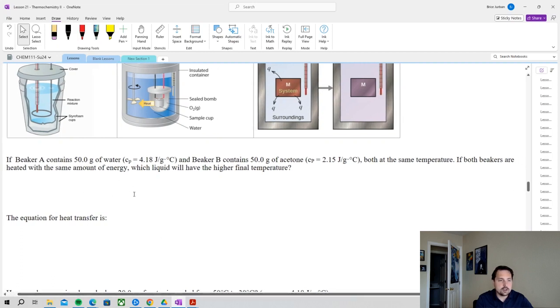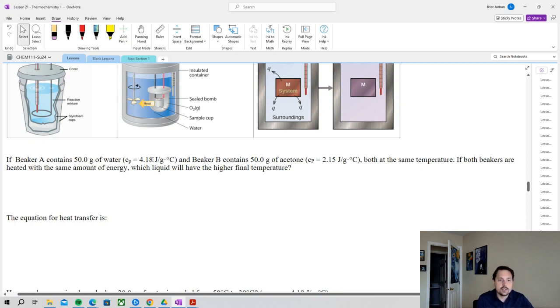If I have a beaker containing 50 grams of water and a separate container that contains 50 grams of acetone, and they're both originally at the same temperature, and then I mix the two, the first question I ask is, which of the two liquids is going to have a higher final temperature?